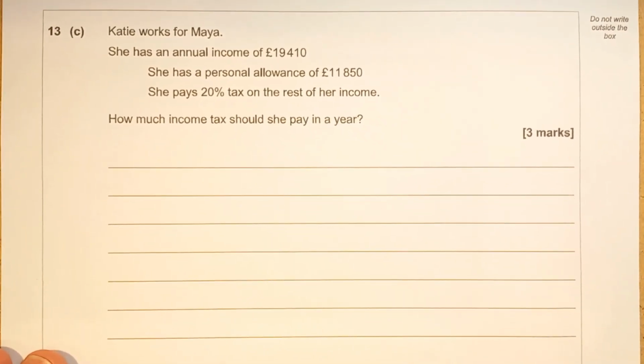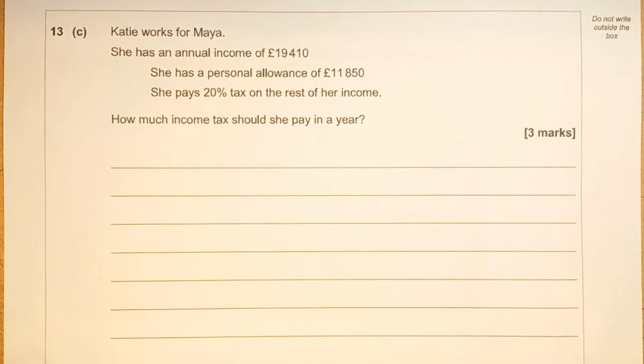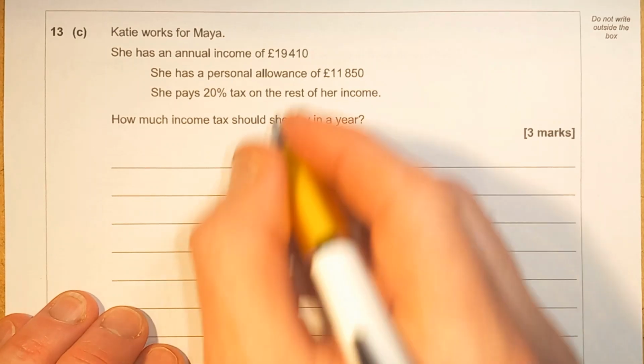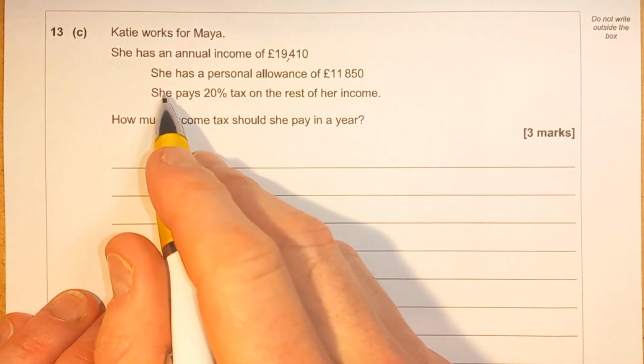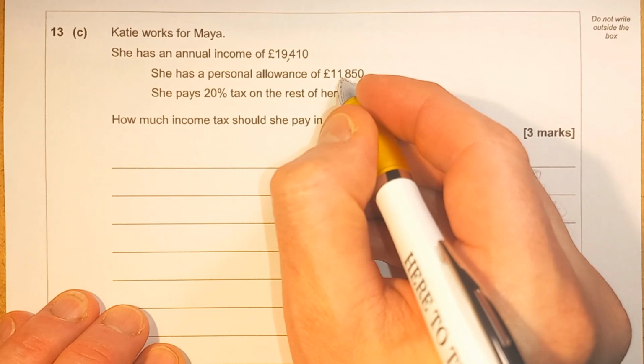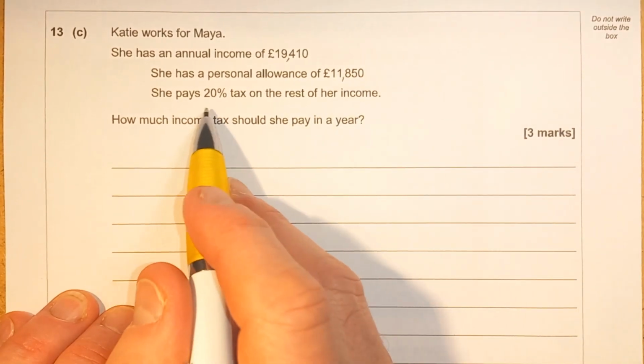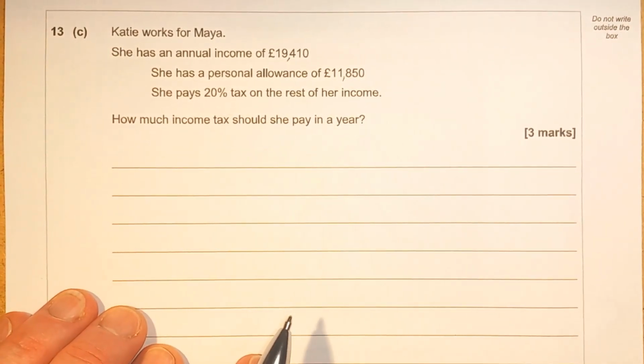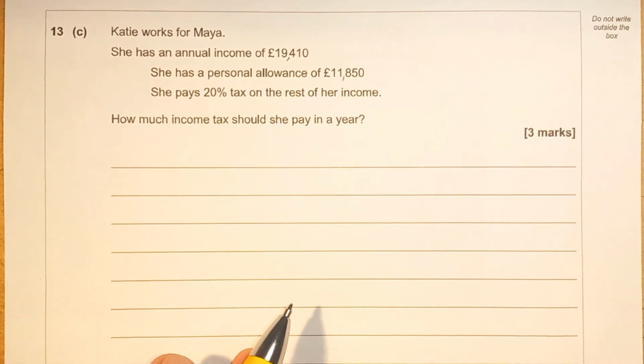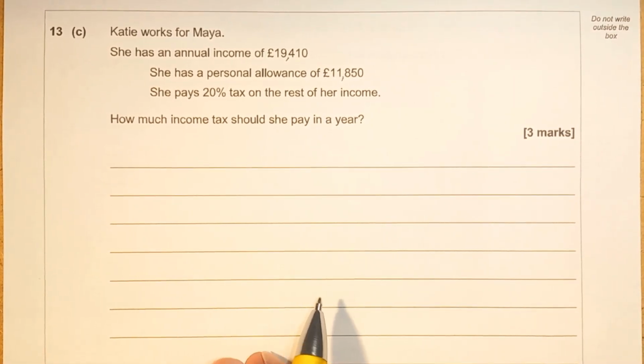And finally, 13C. Katie works for Maya. She has an annual income of 19,410. I'll put commas in. She has a personal allowance of 11,850. She pays 20% tax on the rest of her income. How much income tax should she pay in a year? Right.